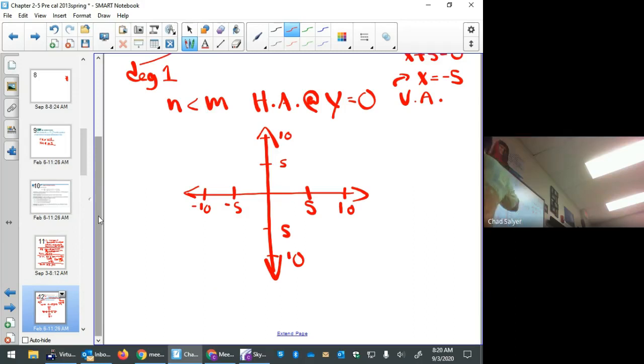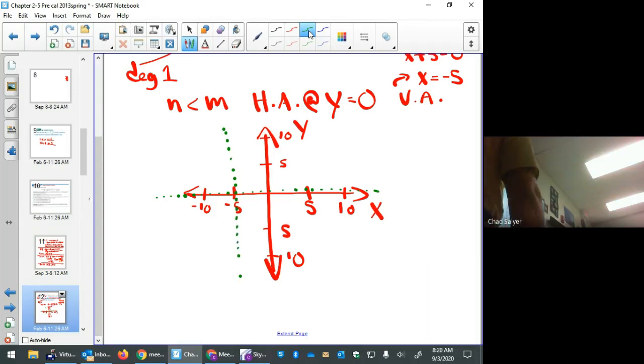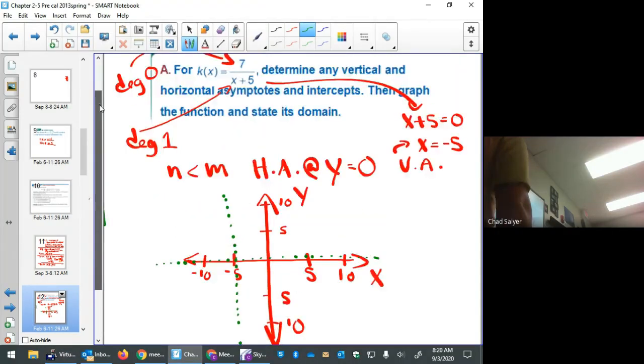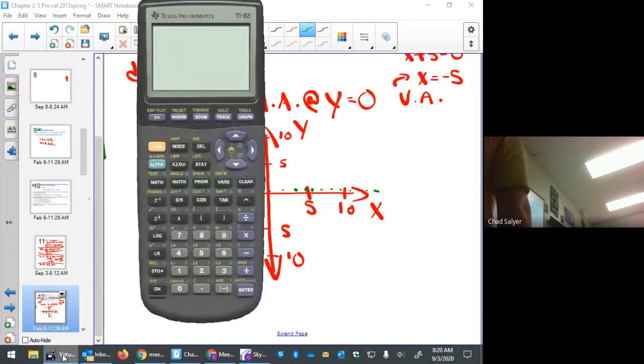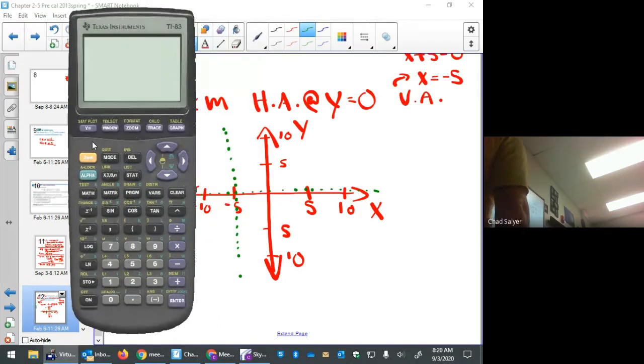All right, so I know it's going to approach the x-axis, in other words, where y equals 0 as a horizontal asymptote. And I know it's going to have a vertical asymptote here at x equals -5. So once I know those things, 7 over x plus 5, we'll see its behavior between the asymptotes best by graphing it.